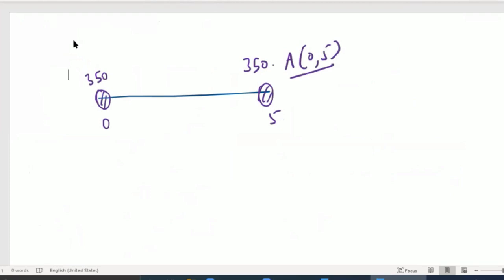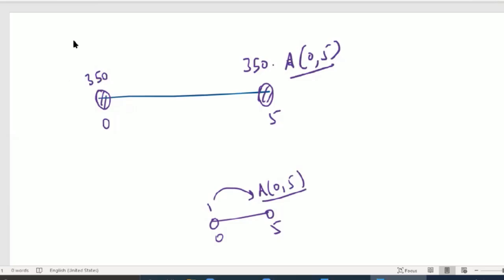A0 to 5 means accumulation of 1. If you deposit 1 here, then it will grow to A05. Sometimes you write A5 also, 0 to T, AT also. Remember, normally A05 means at 0 you deposit 1, whatever you get at 5, the notation is A5. This is called accumulation factor.